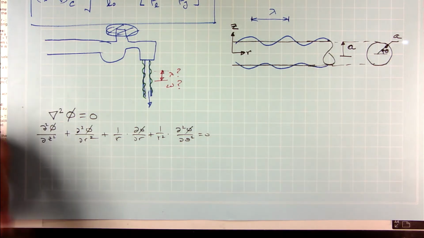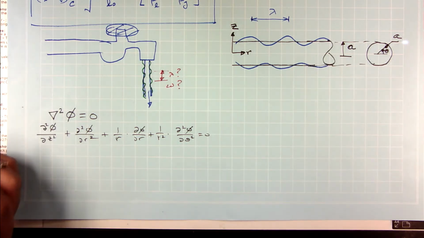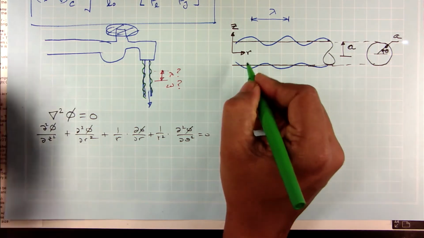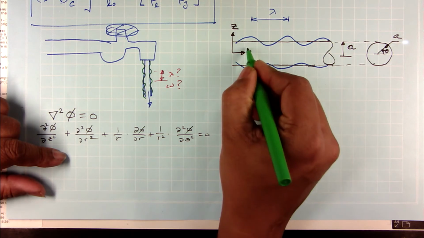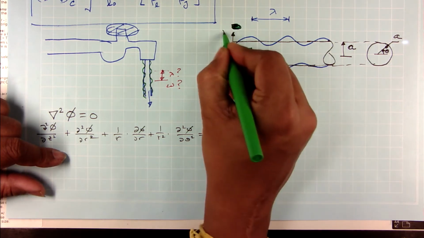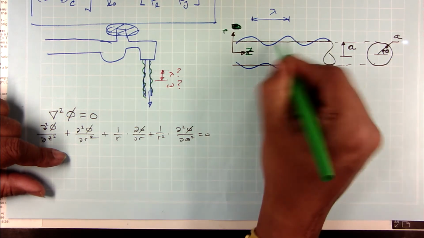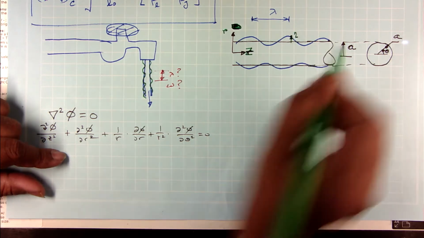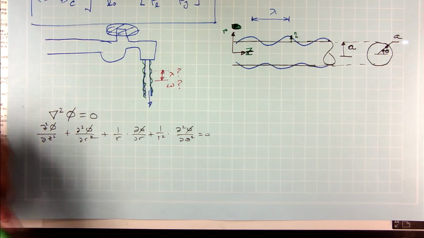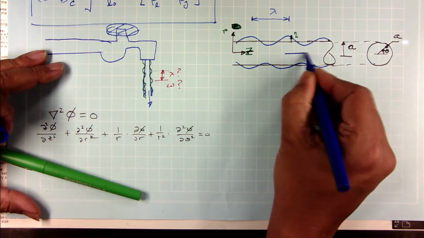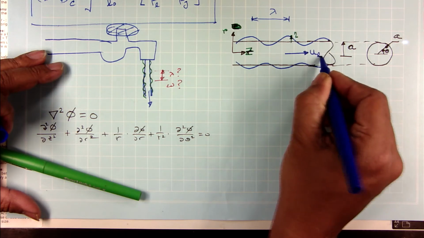At any location, I am sorry, I made a mistake, this should be z and this should be r. And so, at any location z, this would be the value of eta, the amplitude of the disturbance. And of course, your liquid is moving with a velocity ul.